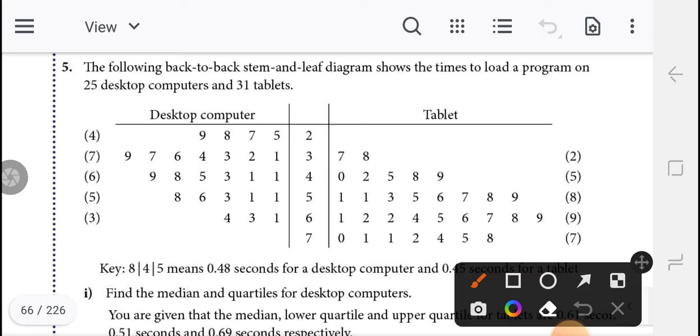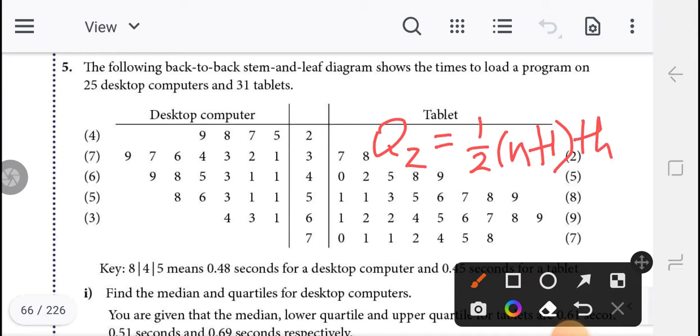Or if you want to use a formula, we can say the median, which we shall call Q2, is equal to the number that is in the half (n plus 1) position.